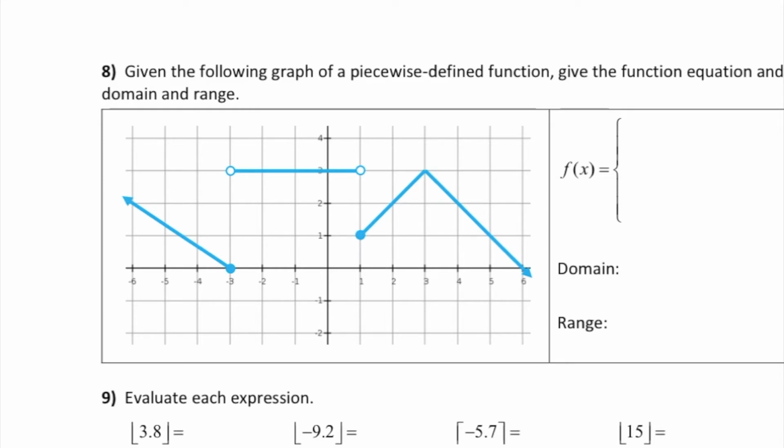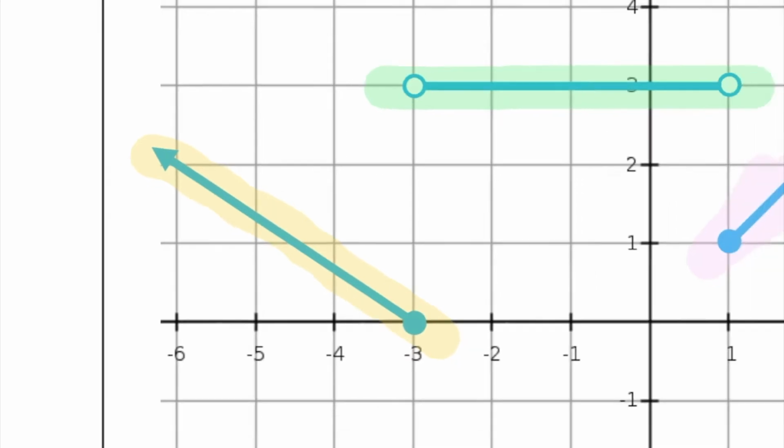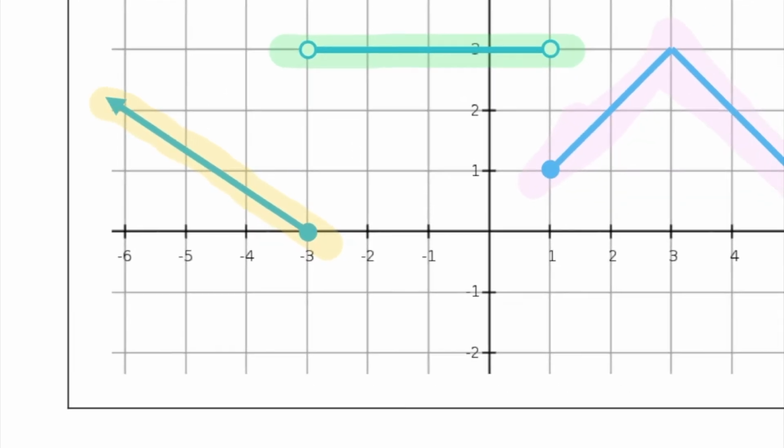So remember that you're going to have 3 pieces to this function, and I'm going to kind of color code them so that you can see what I'm doing as I go. I'll make this one green, and I'll make this last one pink. And so for the yellow one, when you're working with a linear segment, you kind of want to just keep going.